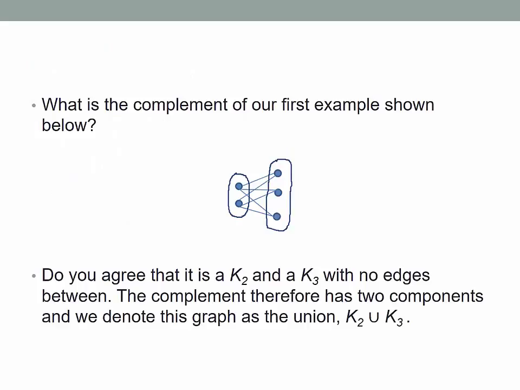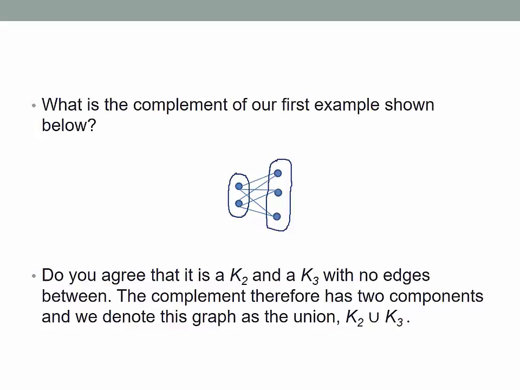For example, this was our first graph. It's a complete bipartite graph. Now, what would be the complement of this graph? Since there are no edges in either partite set, every edge would be in the complement.